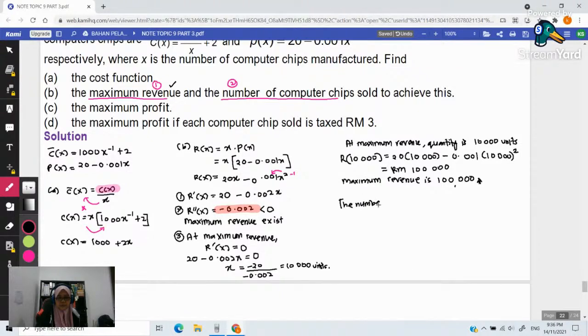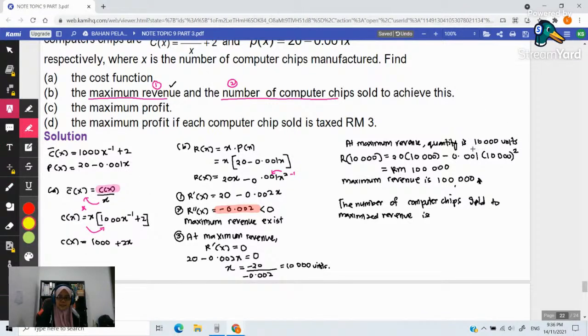The number of computer chips sold to maximize revenue is, what's the quantity? We already found it, right? 10,000 units. So we have settled question B.